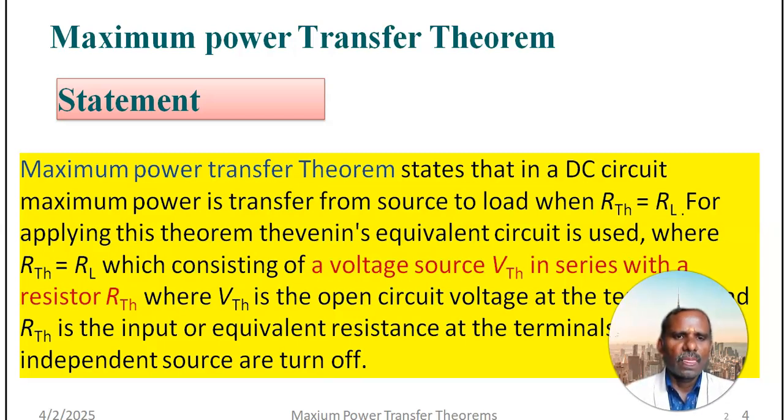The maximum power transfer theorem states that in a DC circuit, maximum power is transferred from source to the load when RTH is equal to RL.